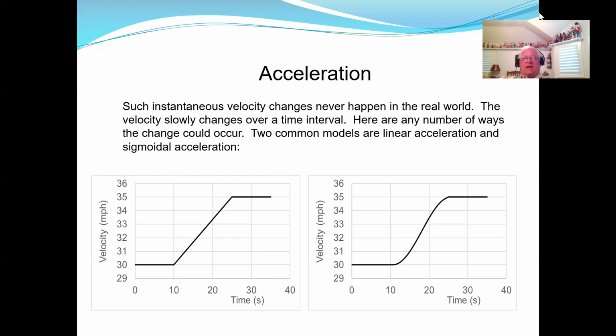And the value of that I can get is the slope of that slant line, which we can calculate easily enough, because it looks like the vertical rise is 5 miles an hour, and the horizontal run looks like 15 seconds. So it's going to be 5 over 15 miles per hour per second, or 1 mile per hour per 3 seconds, would be the acceleration. And that changes instantaneously from zero to that value.